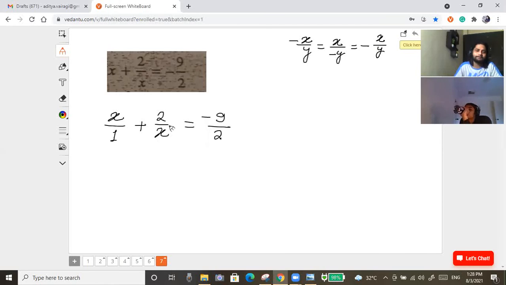Right now, on the left hand side, we get the LCM of 1 and x. That is x only, because 1 times x is x. Now look at this: this one got multiplied by x, therefore its numerator will also be multiplied by x.